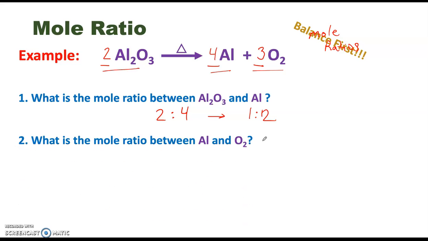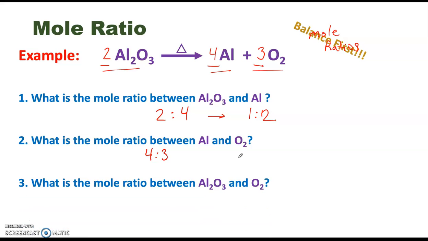What is the mole ratio between aluminum and oxygen? The mole ratio between aluminum and oxygen is a 4 to 3 ratio. So I just used those coefficients. It is a 4 to 3 ratio, which cannot be simplified. And then what is the mole ratio between aluminum oxide and oxygen?